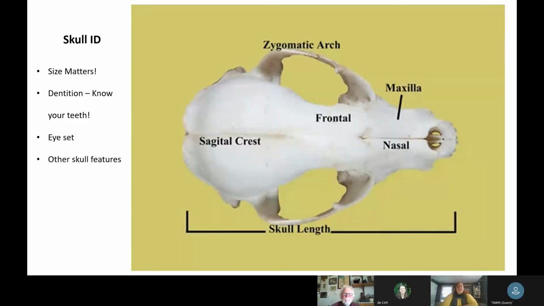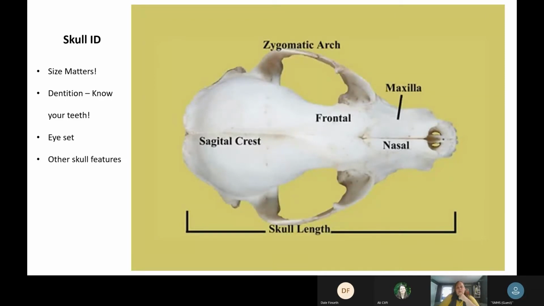When we're looking at skulls, you see these terms on this slide, different structures on the skull that we use to differentiate one species from another or even subspecies. But the first thing you should look at is size.